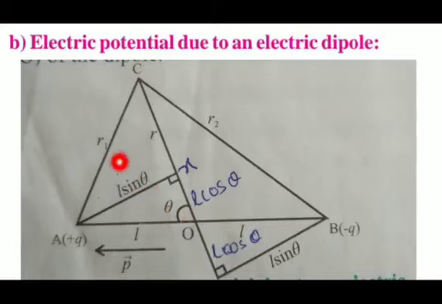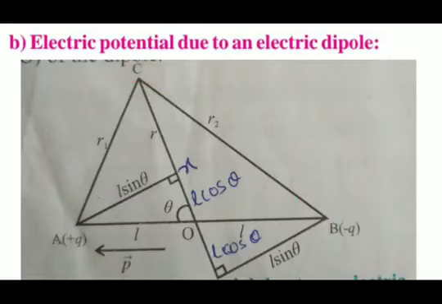Now you can see here R1 and R2 are the distances of point C from the charges plus Q and minus Q. R1 is the distance of charge Q to the point C, and R2 is the distance of charge negative Q from the point C.